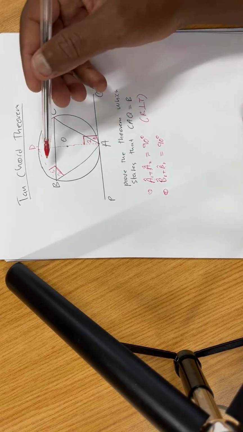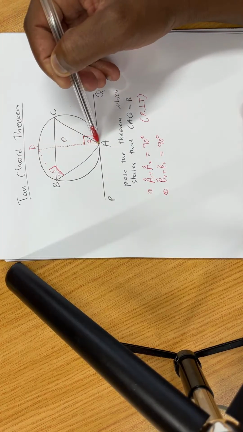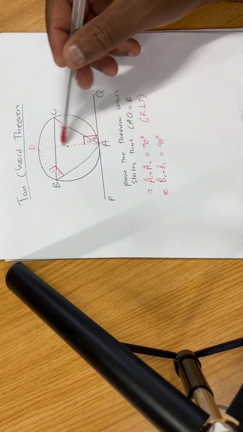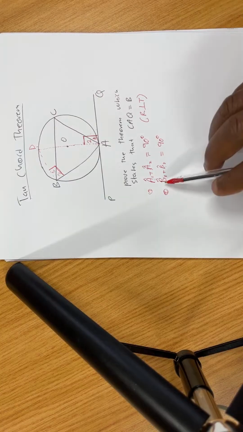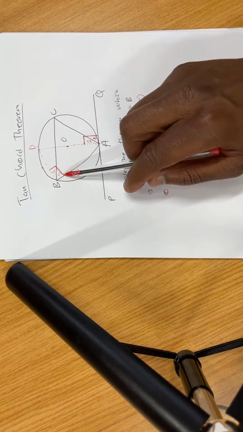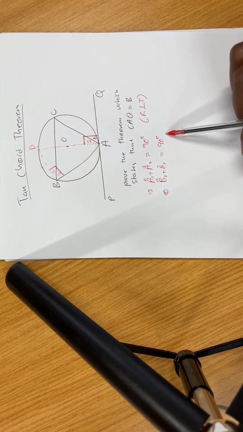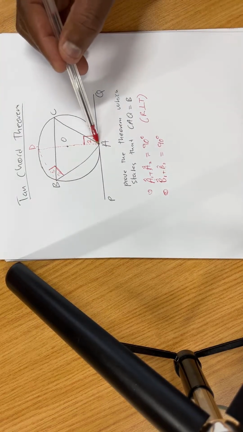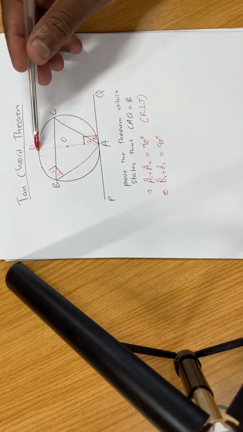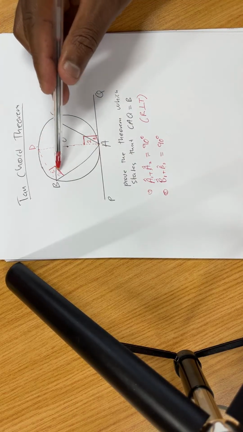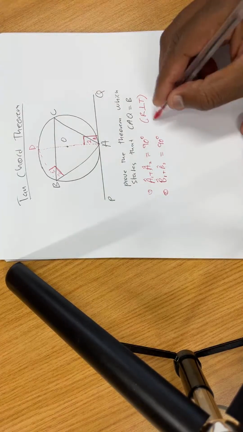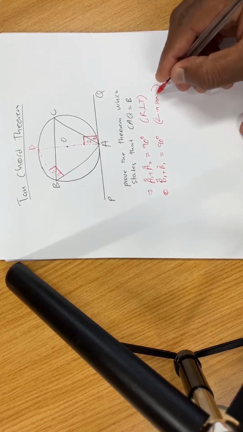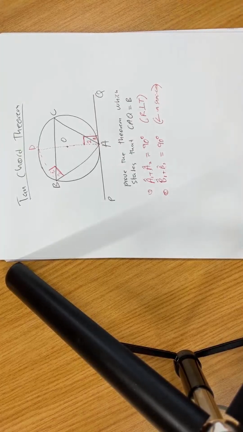It is because we constructed a diameter, and a diameter subtends a 90 degree angle. It is an angle in a semicircle, okay?